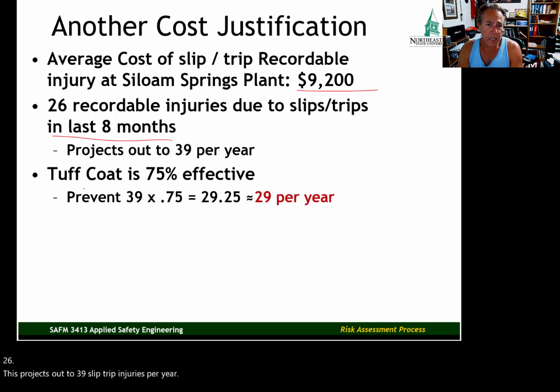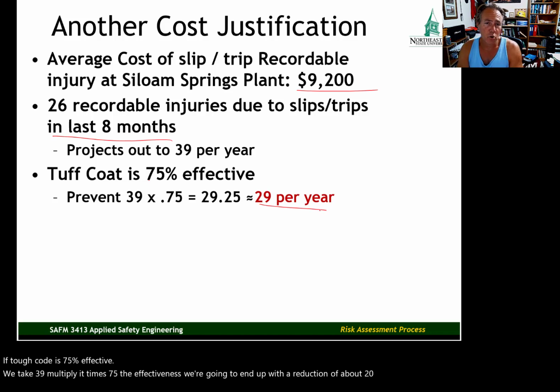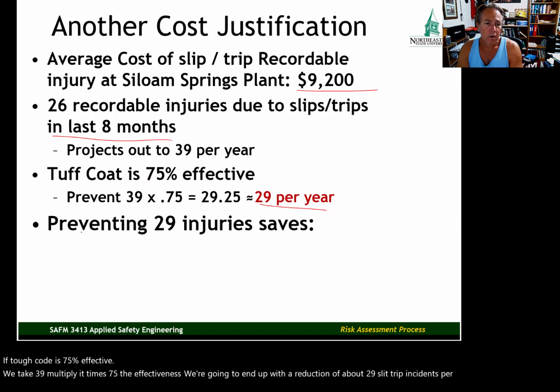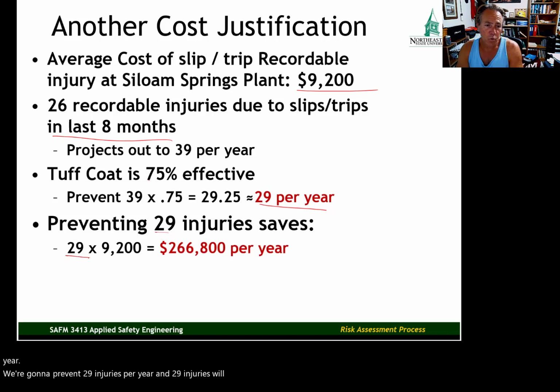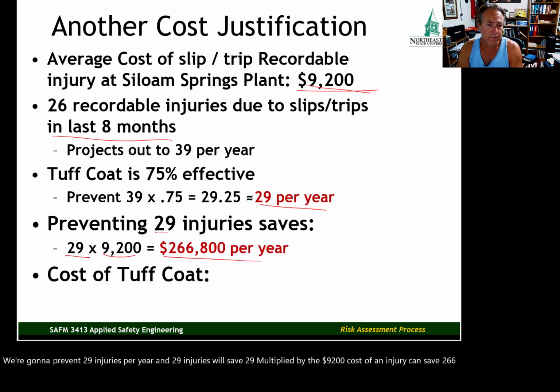If Tough Coat is 75% effective, we take 39, multiply it times 0.75, the effectiveness. We're going to end up with a reduction of about 29 slip trip incidents per year. We're going to prevent 29 injuries per year. And 29 injuries multiplied by the $9,200 cost of an injury can save $266,000 a year.